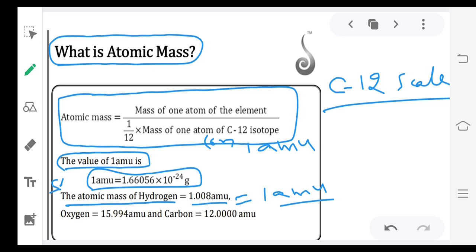In our regular calculations, instead of writing 1.008, we will write 1 AMU. Similarly, oxygen 15.994, so we will take approximately 16 AMU. Carbon we can write 12 AMU. Like this, atomic masses we can express by using C12 scale.